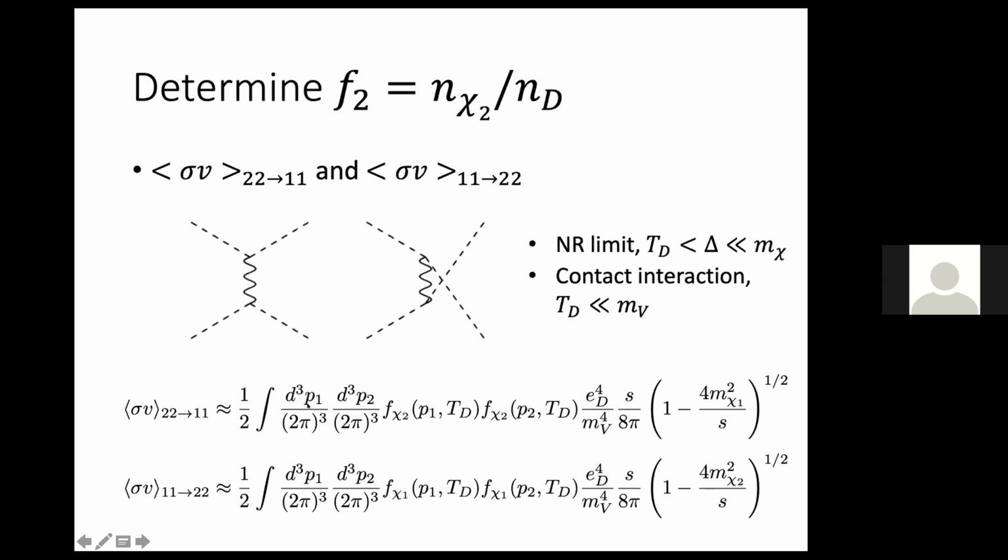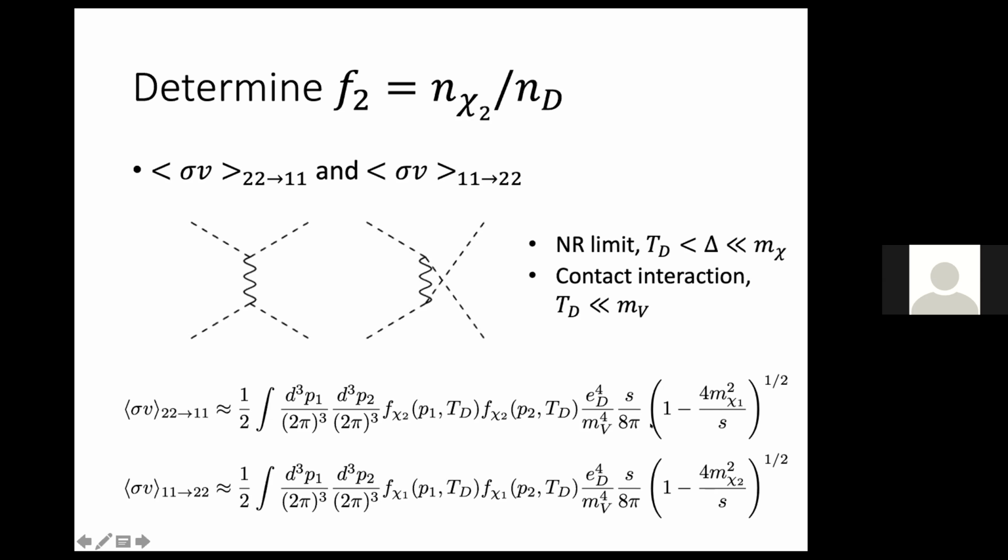And after some simplification, the cross section, the average of sigma times V, can be written this way. These F's are the distributions of the initial states. So we need to calculate 2 processes. One is Chi2, Chi2 to Chi1, Chi1, and also the inverse process, right? And so these are the phase space factors when we integrate out the final state, right?